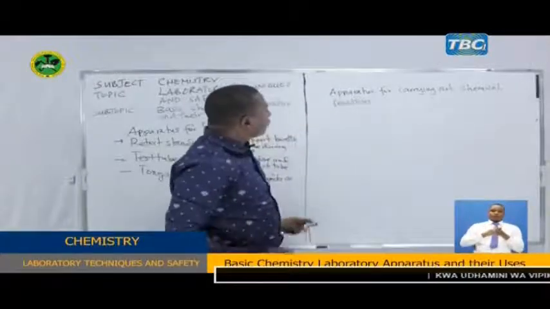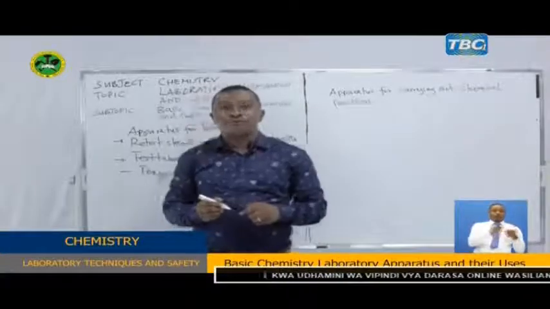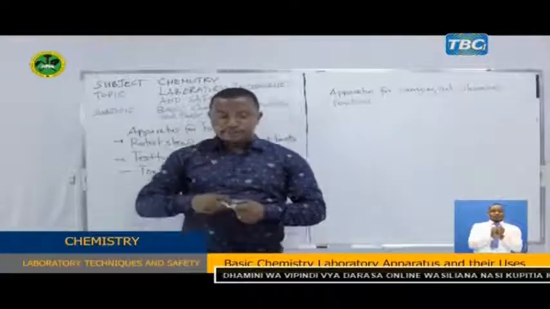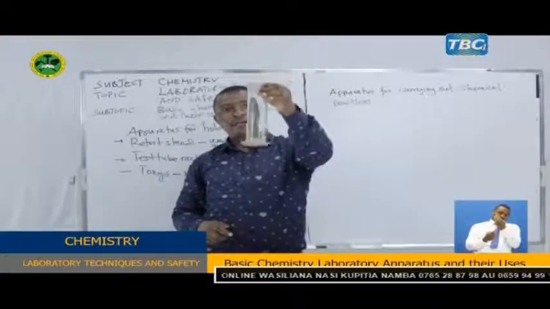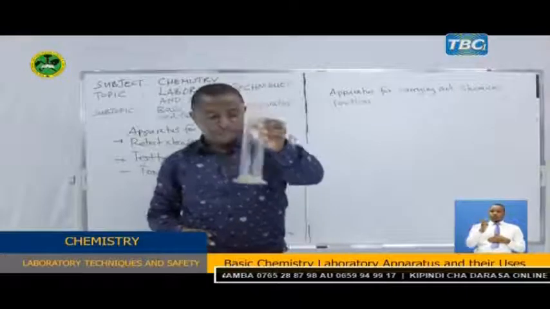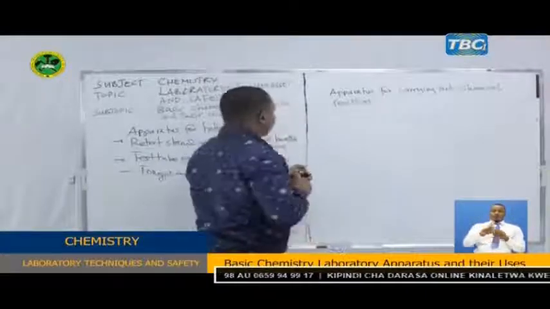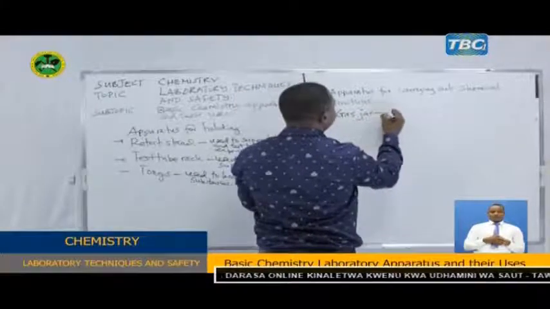There are several apparatuses used for carrying out chemical reactions. I will pass through them. We have this one here. You can see it. This one is called a gas jar.